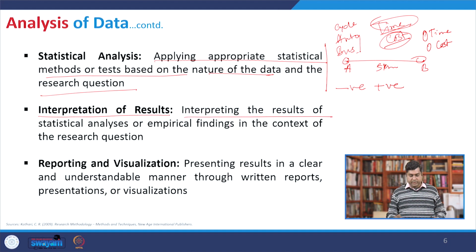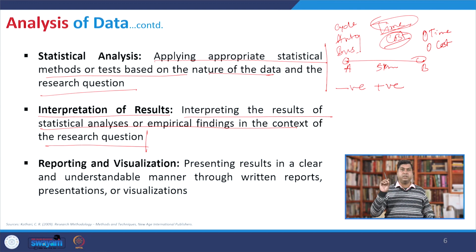So interpreting the results of statistical analysis or empirical findings in the context of research questions: what were your questions, and are you now getting your answer, is your hypothesis proving true or false. After that, it is the reporting and visualization. You have to report it with proper technical writing, very simple and straightforward, giving the essence of your findings, and the presentation.